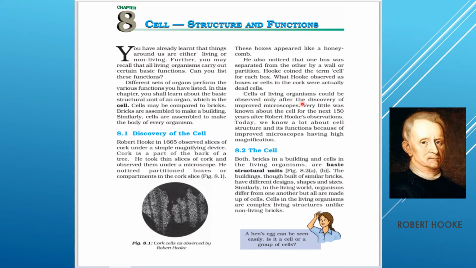But cells of living organisms could be observed only after the discovery of improved microscopes. Initially, there was only a simple microscope, but when microscopes improved, we came to know about the cell. After Robert Hooke's observation, it took 150 years.